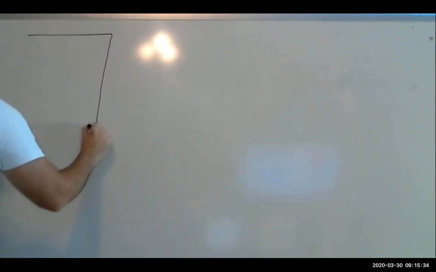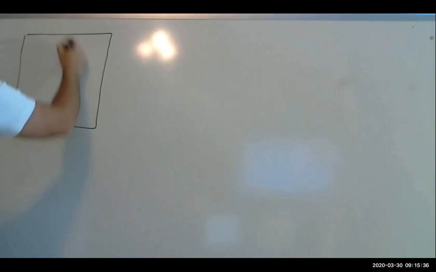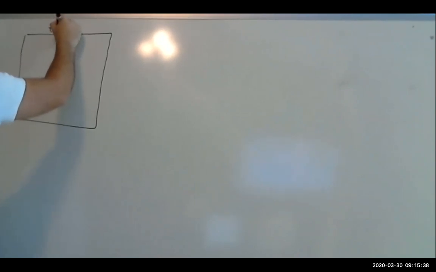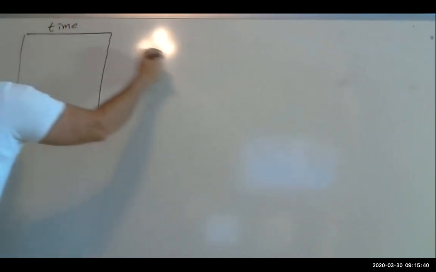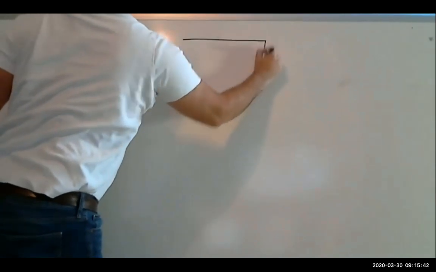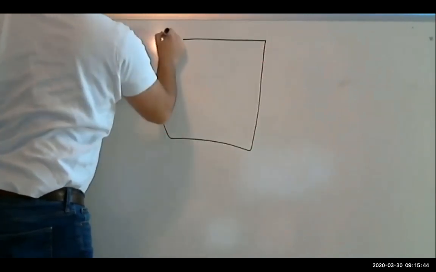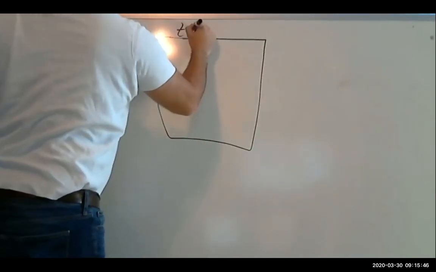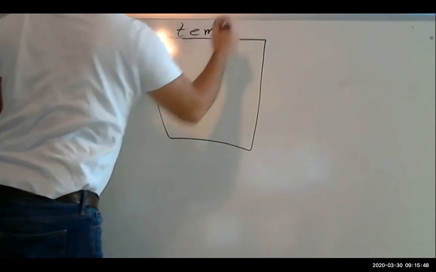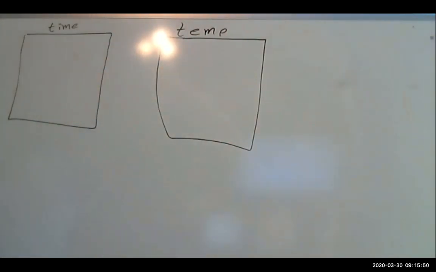So everybody kind of knows this, that in the morning it's cool, as the day goes on it gets hotter, and then it starts to cool back off. So time and temperature.